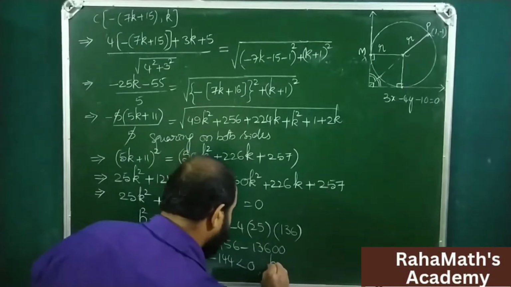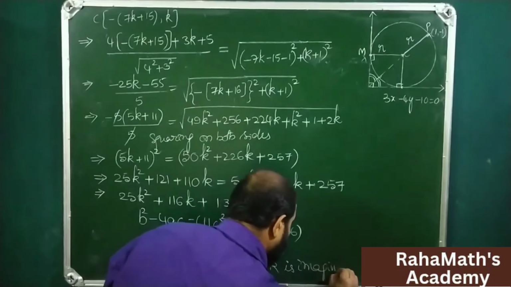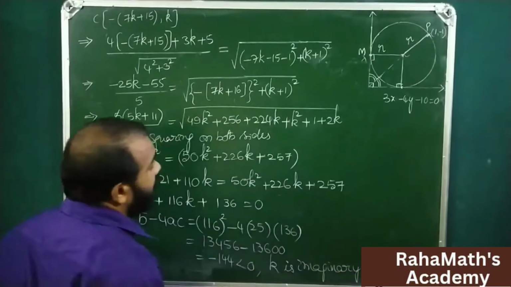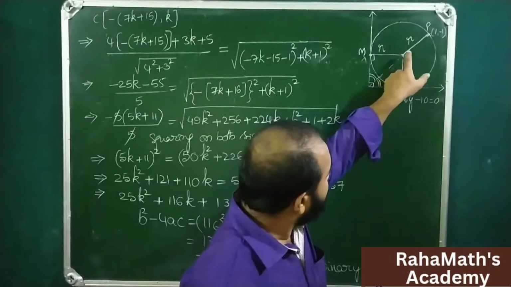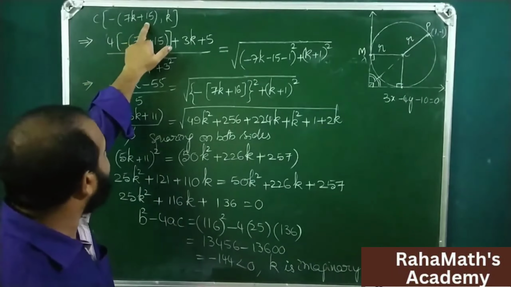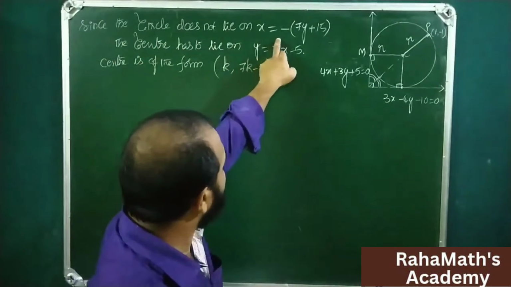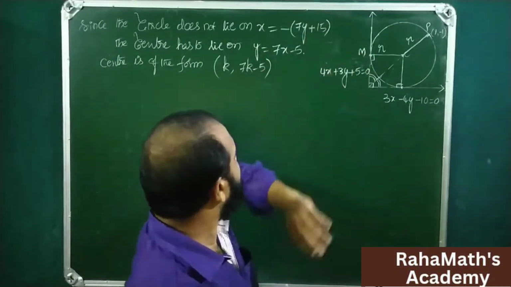Therefore k is imaginary. That means the center does not lie on x is equal to minus 7y plus 15.